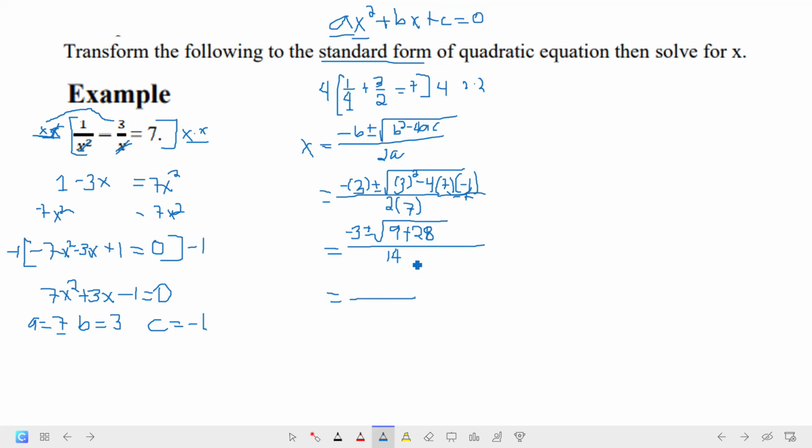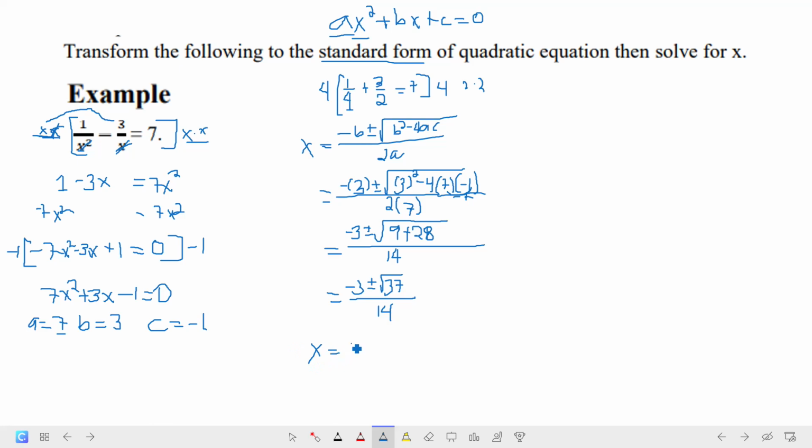All right, so let's simplify the numbers inside the radicals. So just copy the numbers or the other numbers which are not being simplified. So ito magiging 37 over 14. Okay, so this time, now since this is not a perfect square again, then we are now ready to separate.